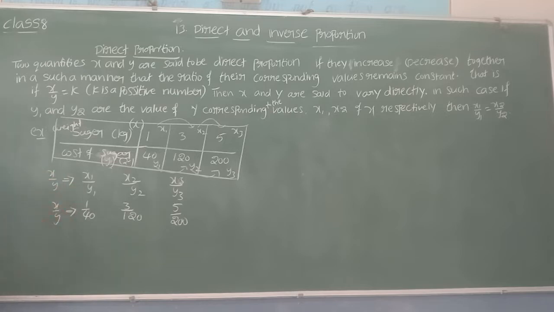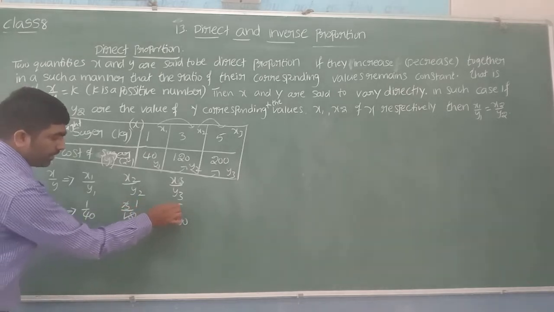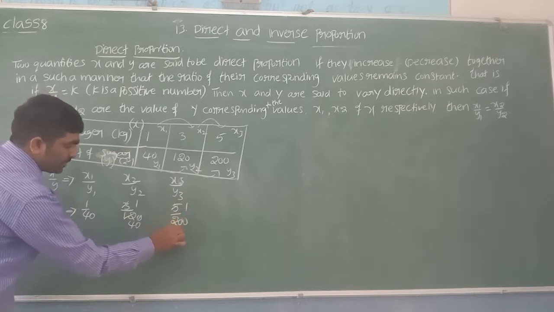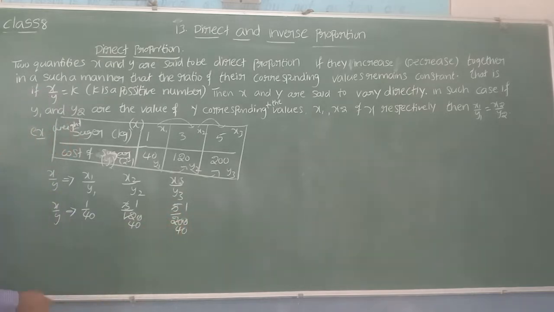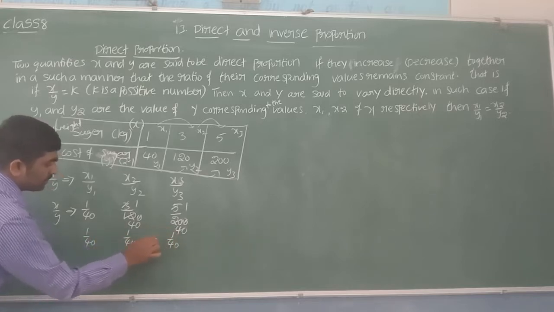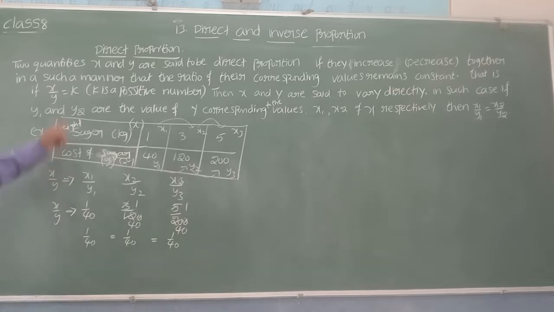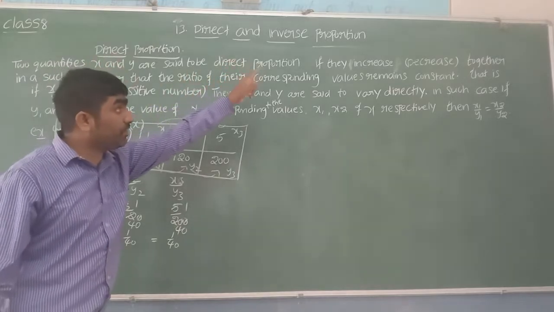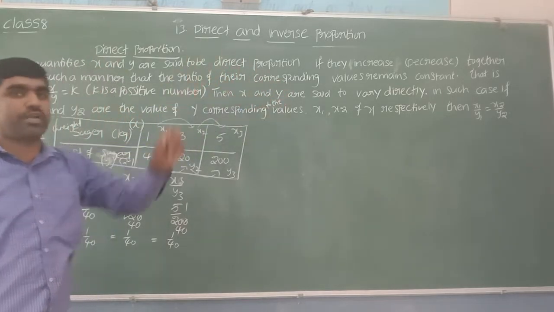Yes. Simplify better. 1 by 40, no common factor other than 1. 3 by 120, 3 is the common factor. 3 ones are 3, 3 fours are 12. 5 by 200, 5 is the common factor. 5 ones are 5, 5 forties are 200. Yes, I got 1 by 40, 1 by 40, 1 by 40. It means the ratio of the corresponding values remains constant.